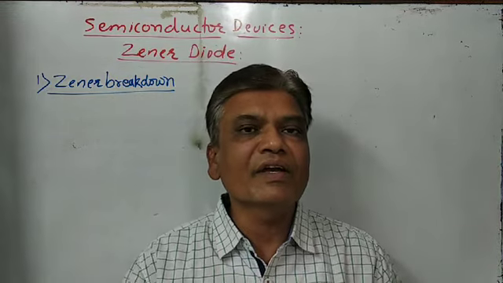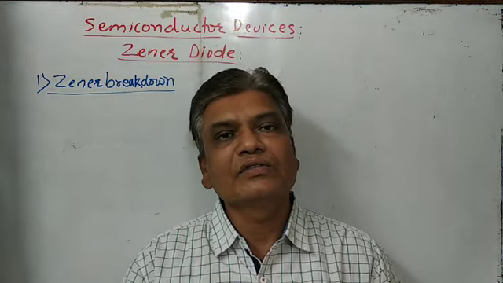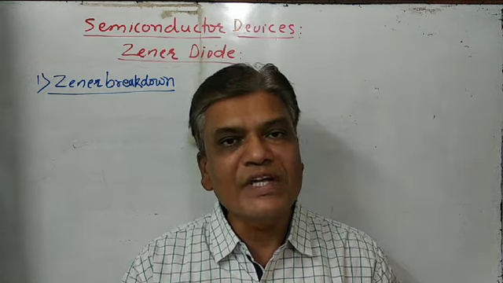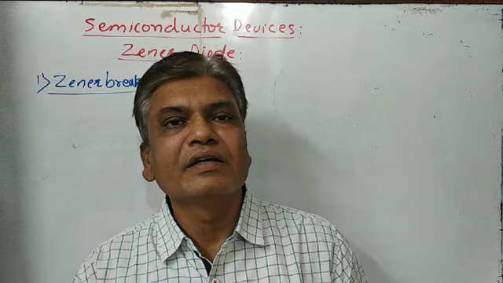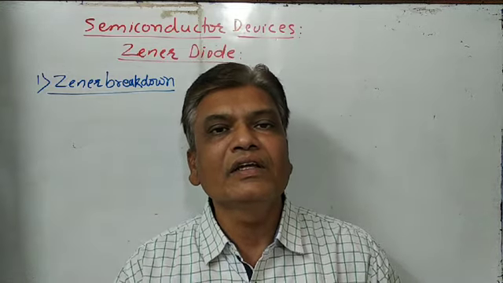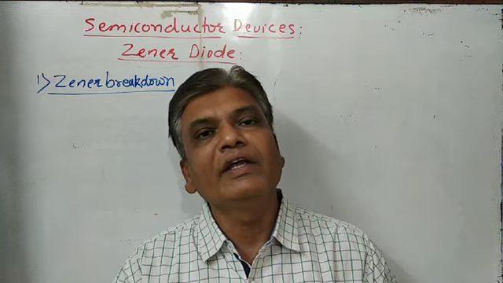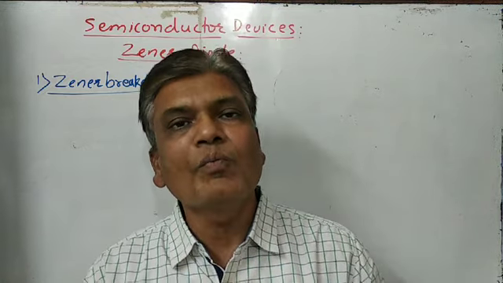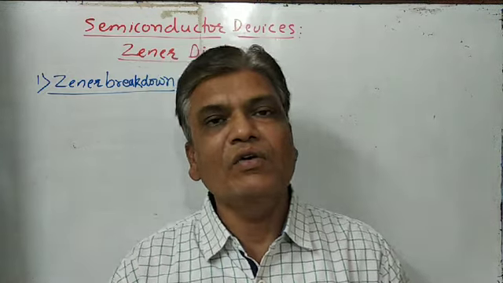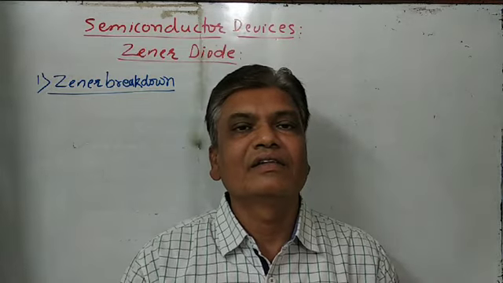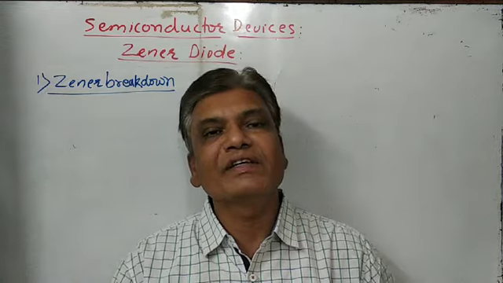Zener breakdown occurs in diodes which are heavily doped, and that is why there is a narrow depletion region.